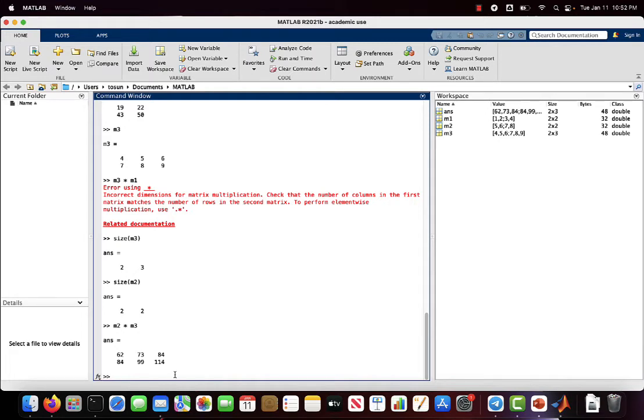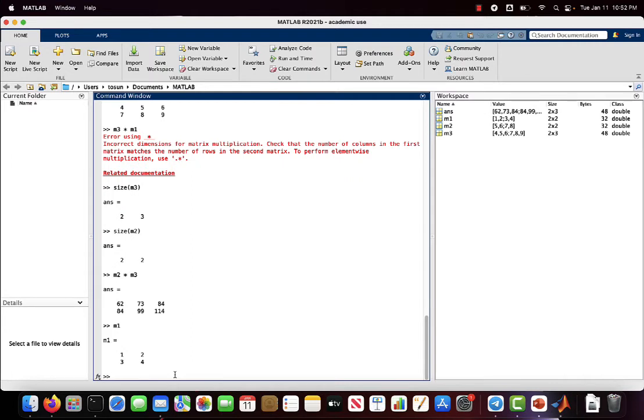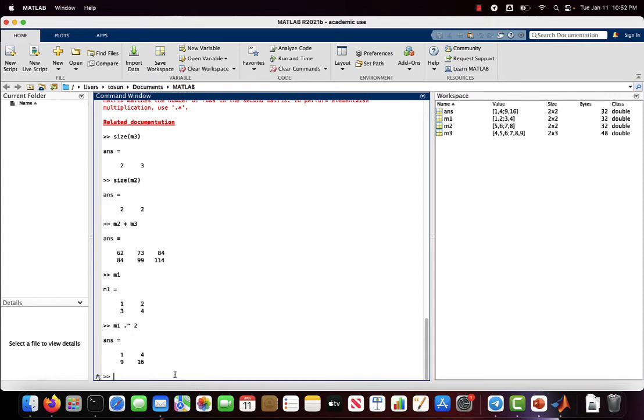And let's look at the exponentiation of a matrix. Let's get M1 again, which is 1 2 3 4, and if we use M1 dot hat 2, which means a square of M1, right now we can see the square of M1, which is an element-wise square.